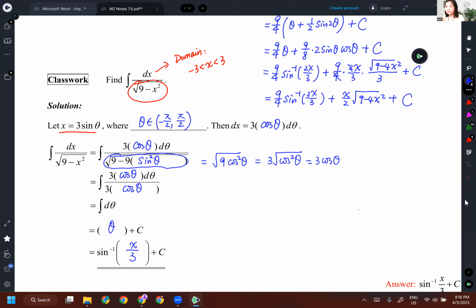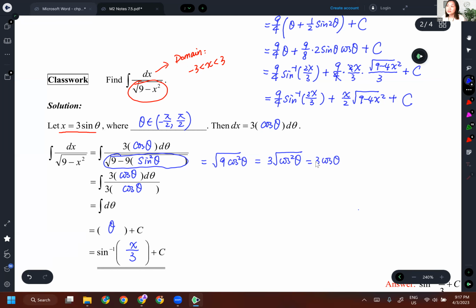Ms. Chen, but can it be -3 instead of +3? Like, can it be -3 times cosine theta? No. Because this surd must take a positive root, this value is defined as positive. So the outcome must be positive, and this is a positive value.